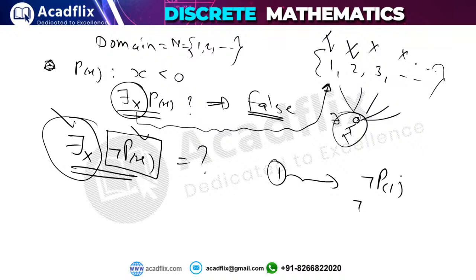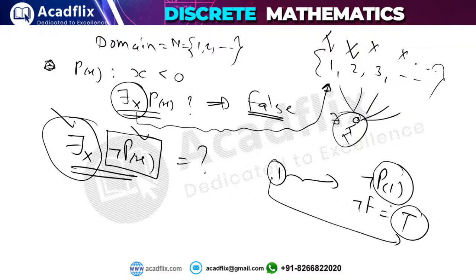Because 1 is less than 0 is false, so P(1) is false, and the negation of false is true. So the negation of P(1) becomes true, and this 1 is satisfying this property. We are only interested in at least one element, so we say true. So there exists x negation of P(x) becomes true.